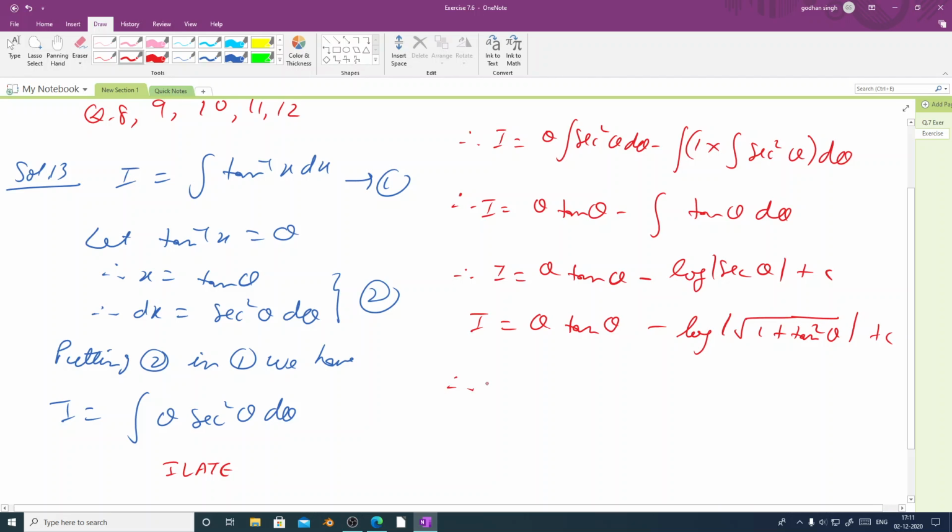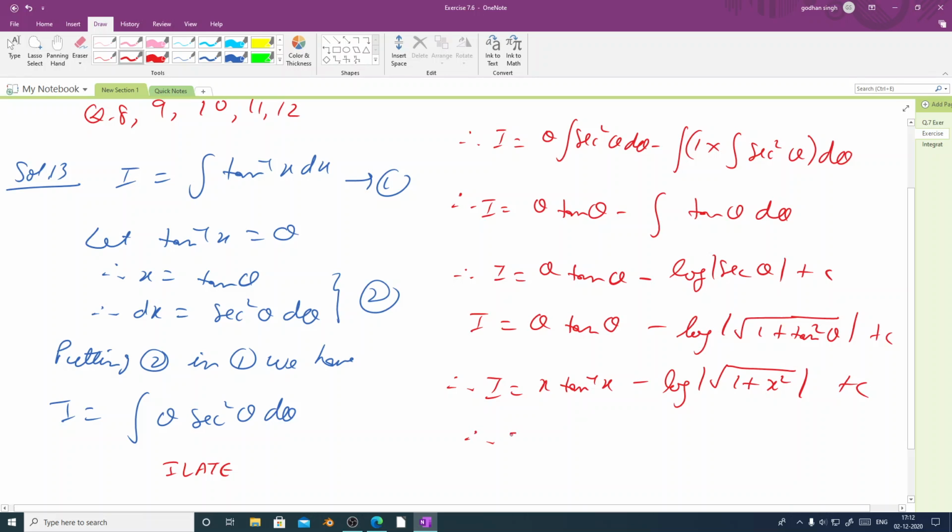Therefore we can say that I equal to, theta is tan inverse x and tan theta is x, so we can write x tan inverse x minus log modulus of, here tan theta is x, so we can rewrite this as square root of 1 plus x square plus c.